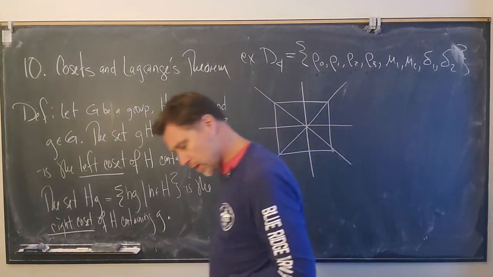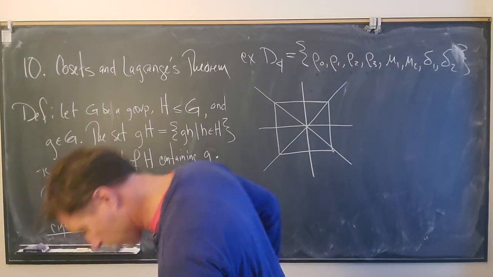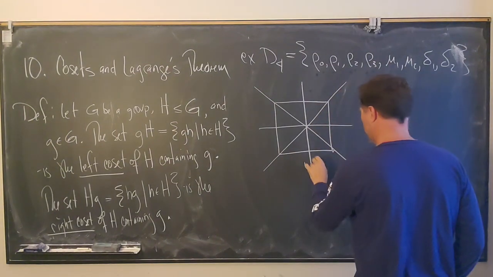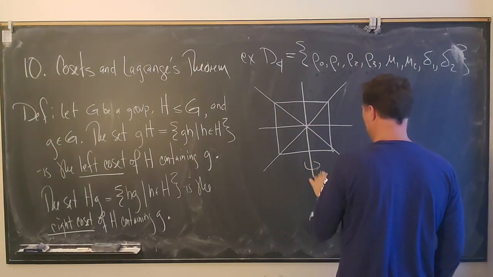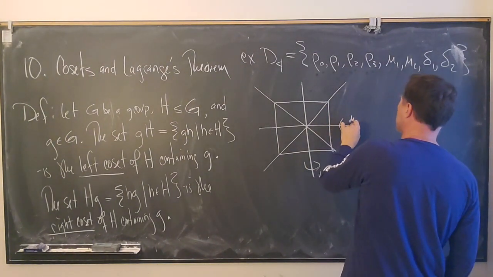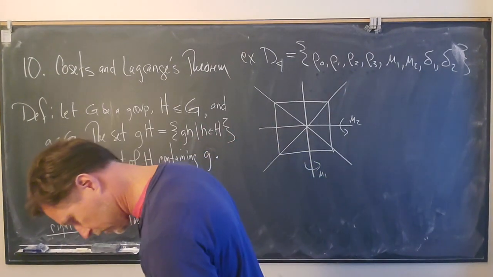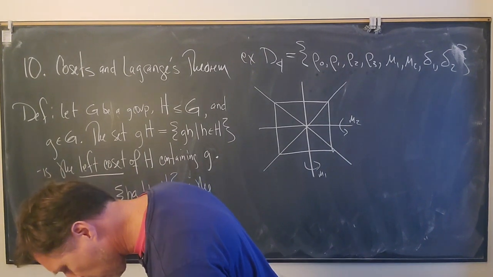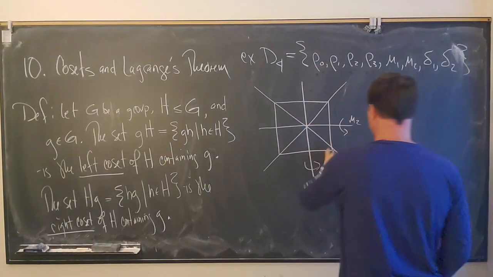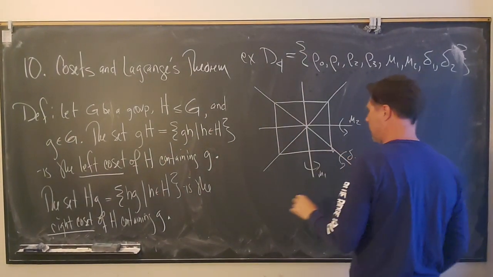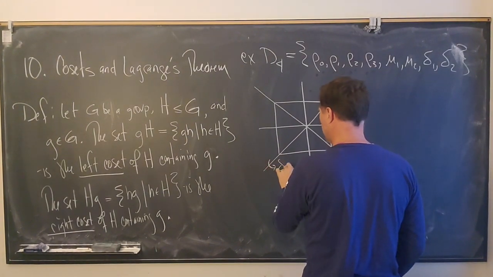And mu1 is going to be the vertical flip, the vertical reflection. Mu2 will be the horizontal reflection. And then delta 1 and delta 2 are going to be the diagonal reflections. Delta 1 is this one, and delta 2 is that one.